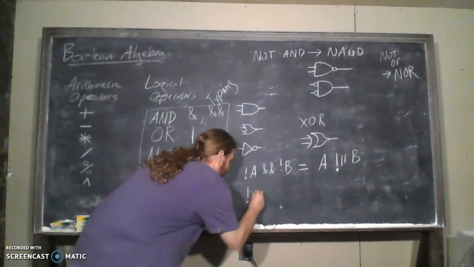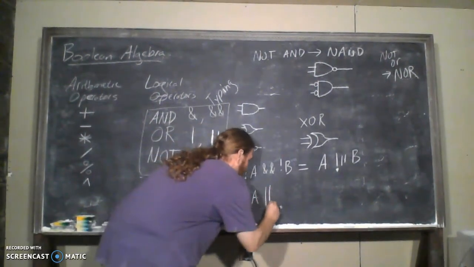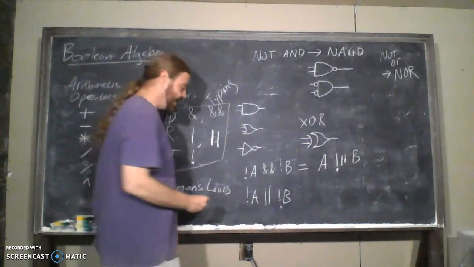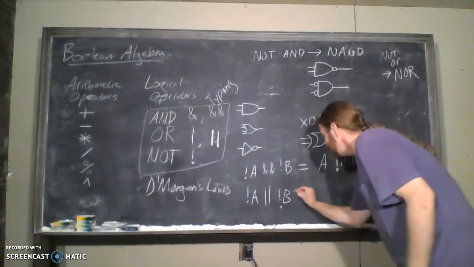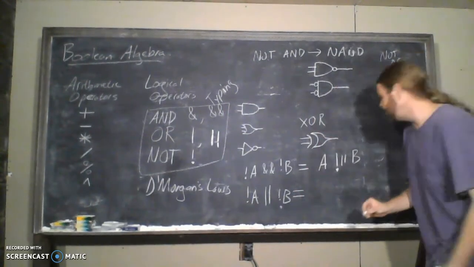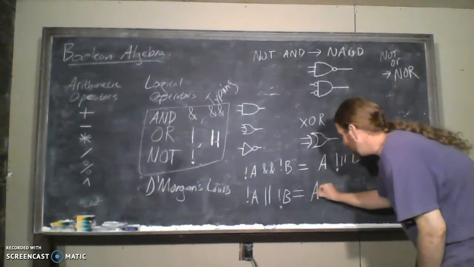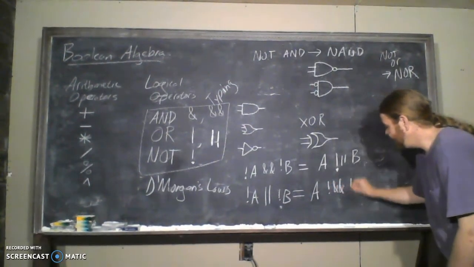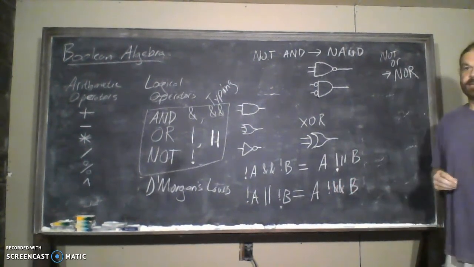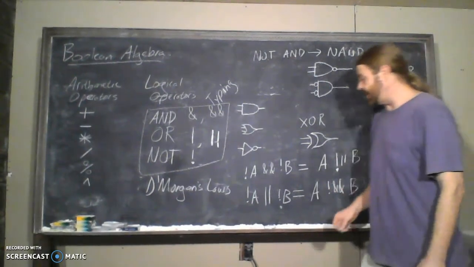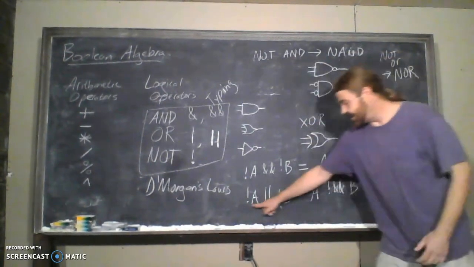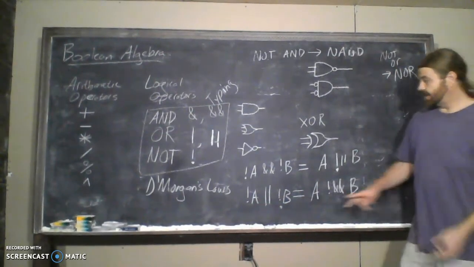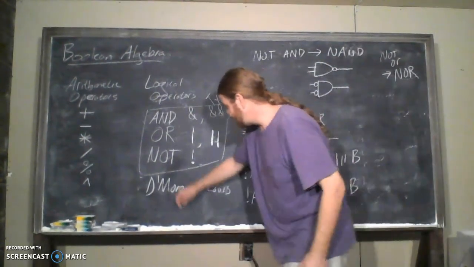So not A or not B will produce exactly the same result as A NAND B. So those are important ways to rewrite things because sometimes these can get kind of complicated. So that's De Morgan's laws.